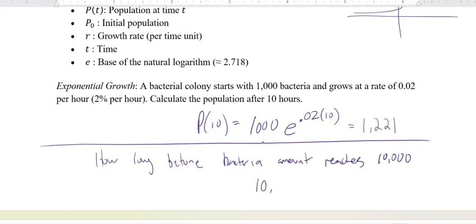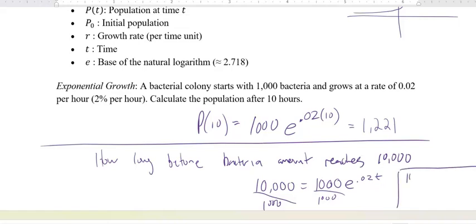In this case, I give you the output instead of the input, and I set it equal to my function, and the question is find t, how long, so I have to solve this equation. I know my algebra, so the first thing I could do is divide both sides by 1,000. So that results in this equation, 10 equals e to the 0.02t.